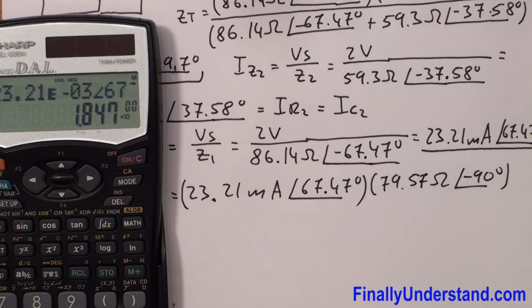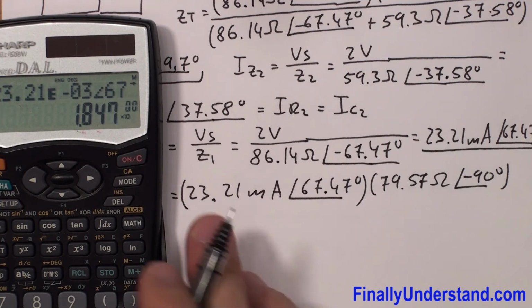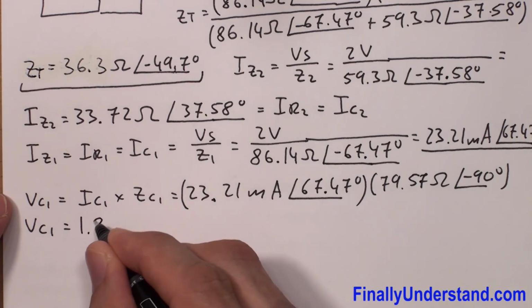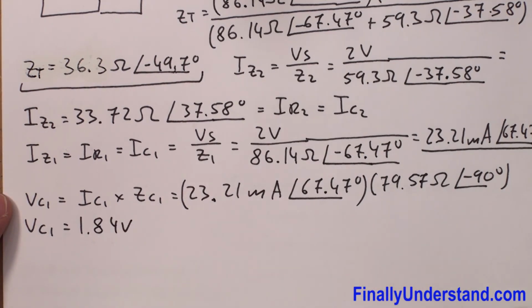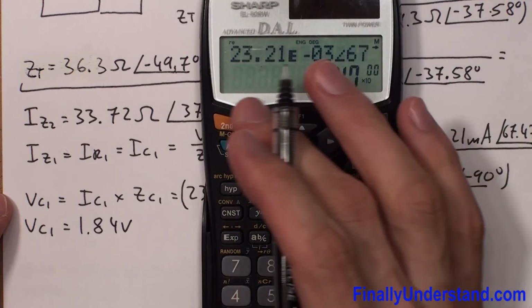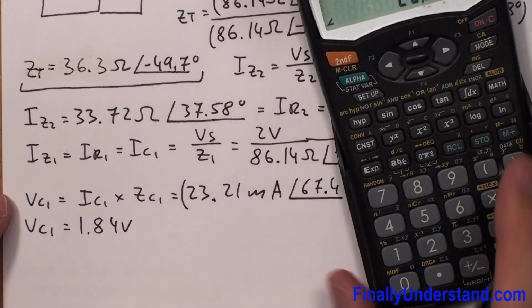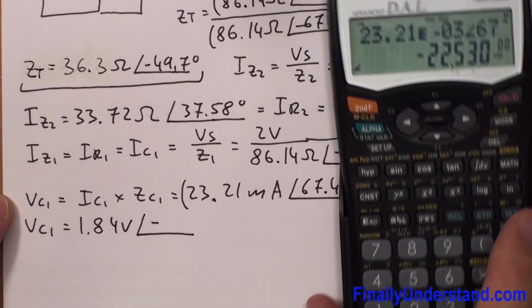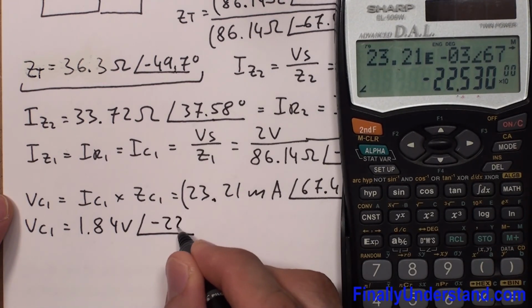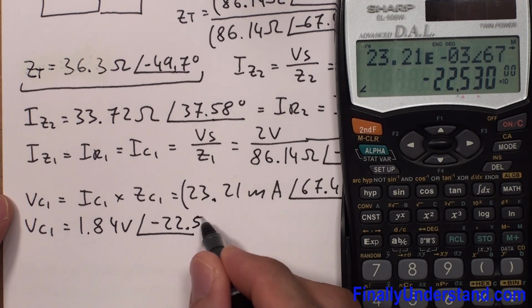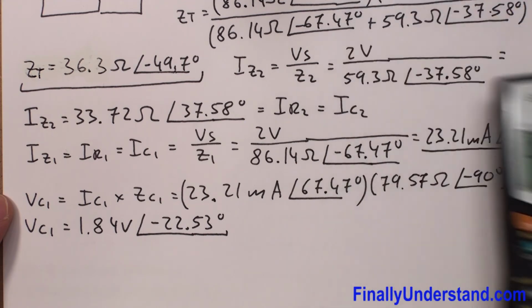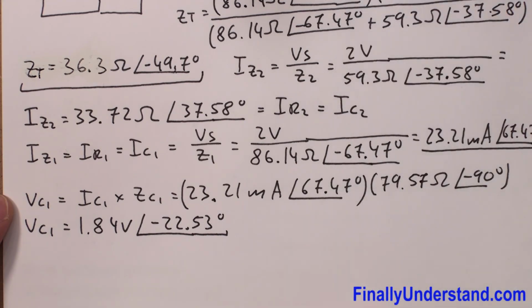This is equal 1.84 volts. Okay, so I have 1.84 volts, and don't forget about the angle, second function exponent. This is my angle, negative 22.53 degrees. Okay, so we found all missing quantities, so we can say that the problem is solved.